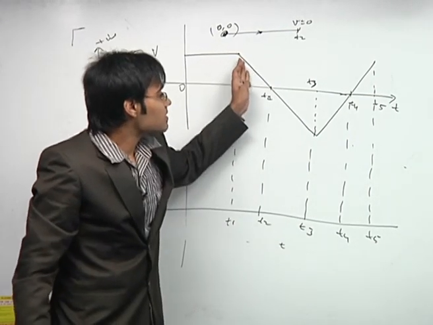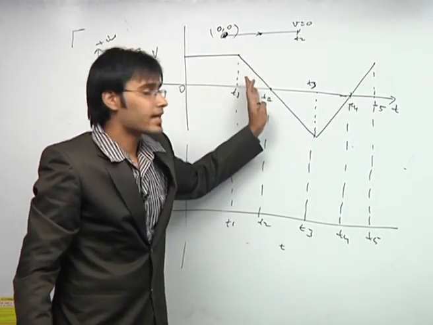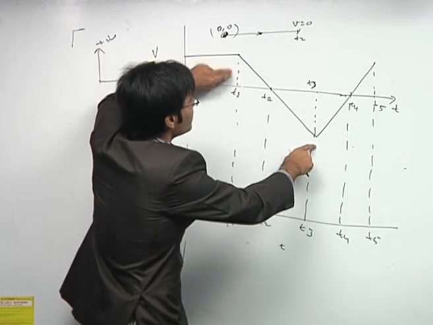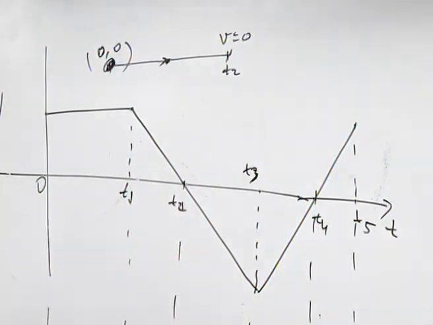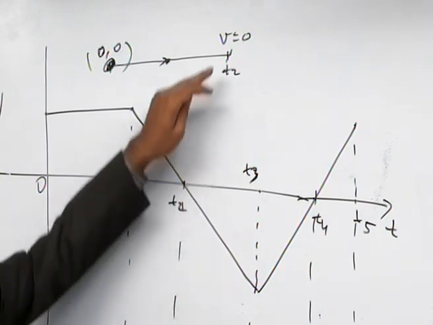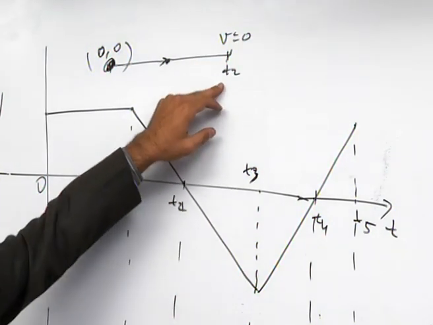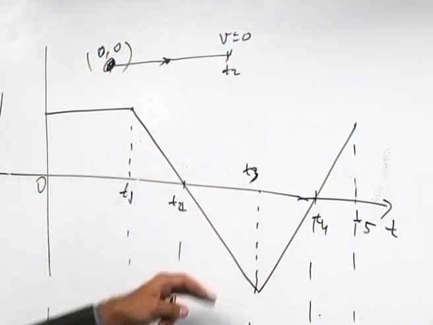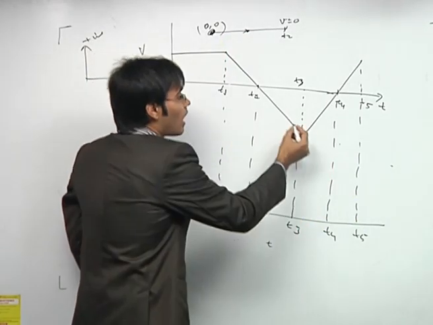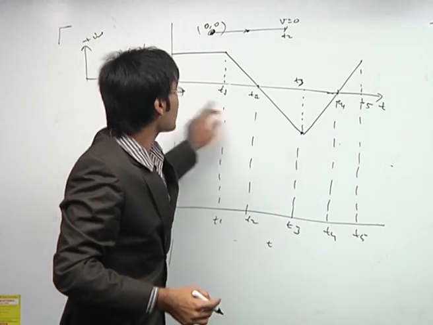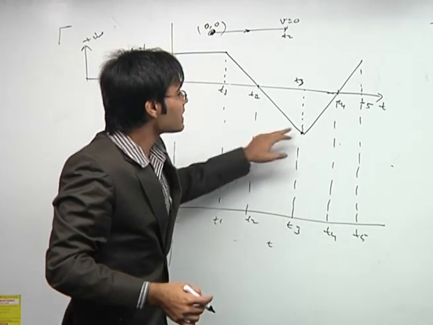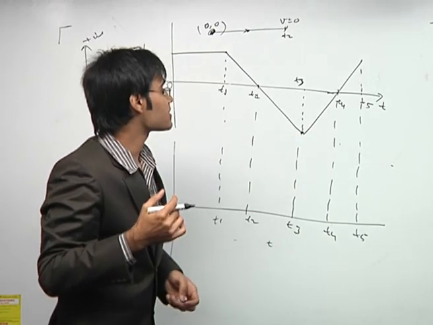Now since the retarding force is still acting on it, because retarding force is acting between t1 and t3, therefore over here now it will start moving in the opposite direction. Till t2, it is moving in the positive direction. After t2, since velocity at t2 becomes 0, it will start moving in the negative direction. So up to t3, now it has gained some velocity, okay. Also it has moved some distance in the negative direction, okay.